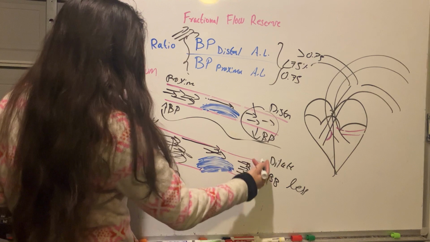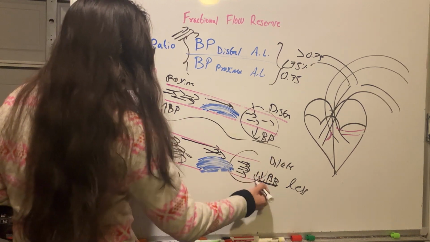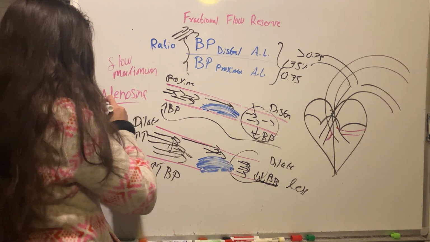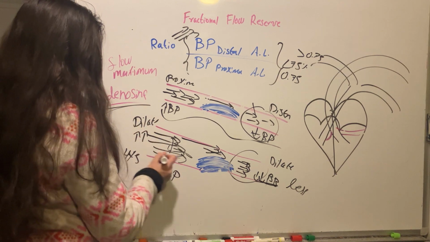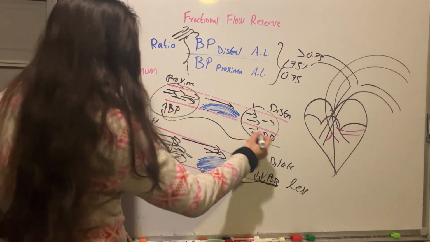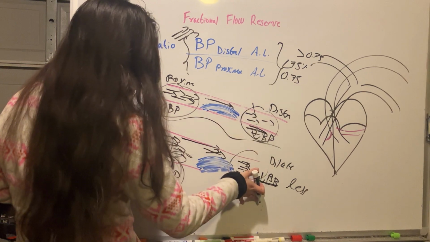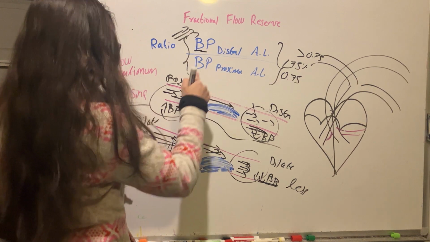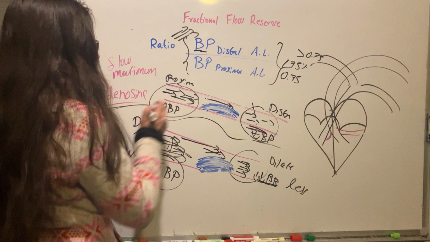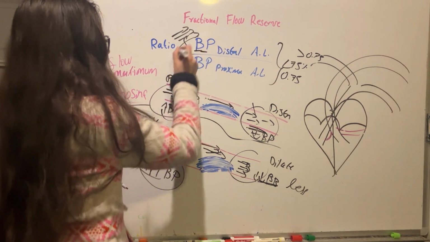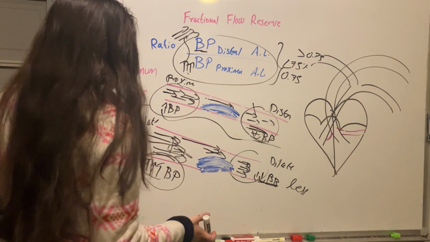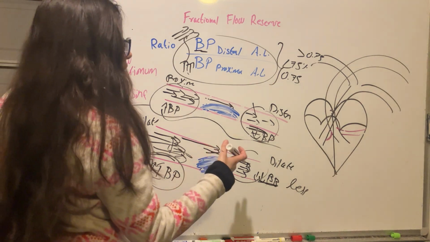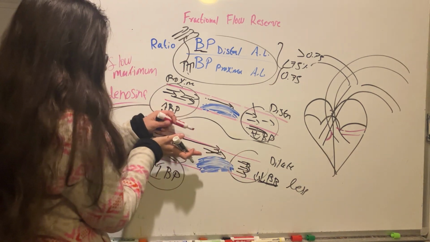So here we will have the same flow, the same blood pressure, but here, because the coronary artery is dilated under adenosine influence, we will have higher blood pressure here than there, and here we have the same pressure as there. So if these stay the same, but proximal blood pressure increases during adenosine, this number as a whole decreases.